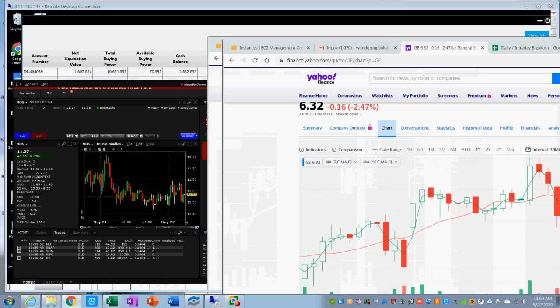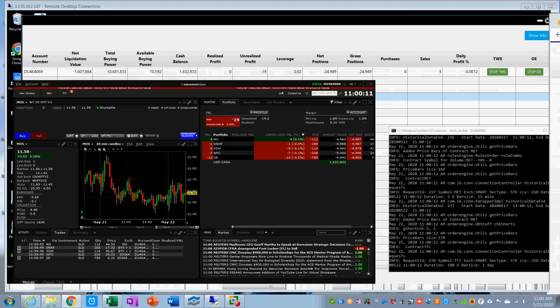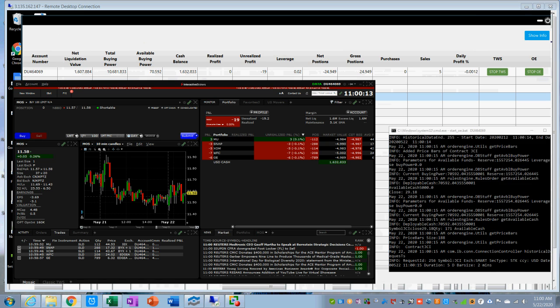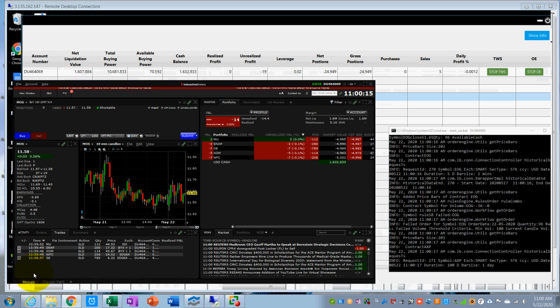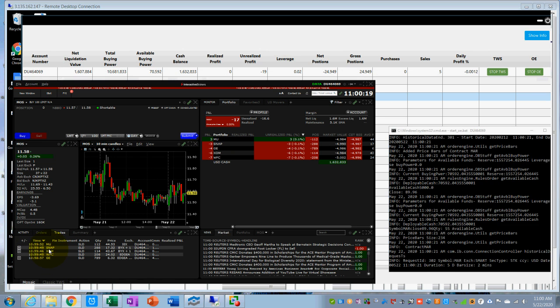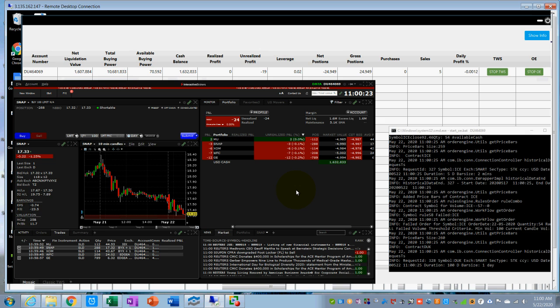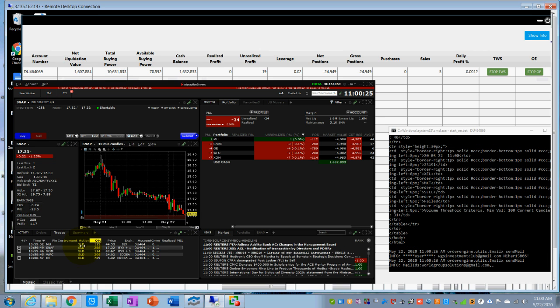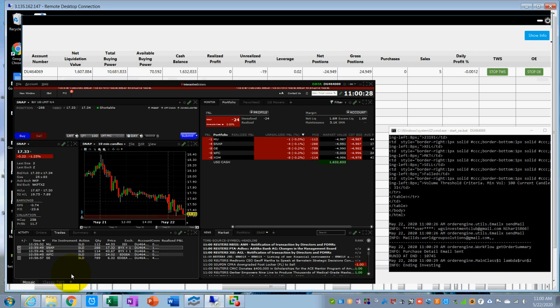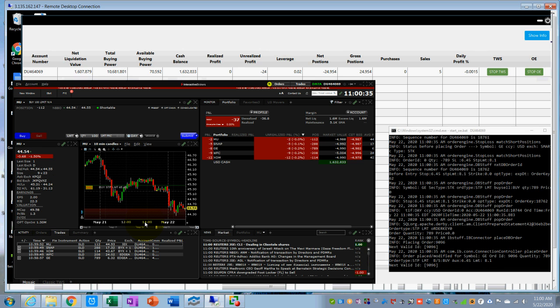You basically have to make sure that your parameters are correct, and it seems like it did short a few more. SNAP is what it shorted, but after a while you will notice that the 2% stop loss which we spoke about, it will automatically go and put the 2% stop loss.